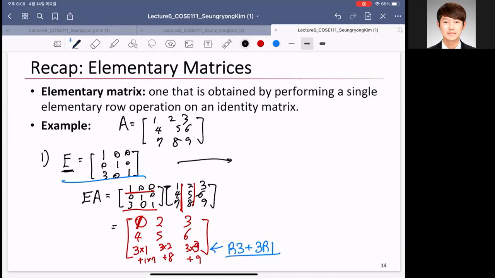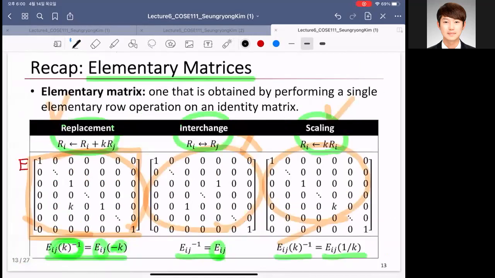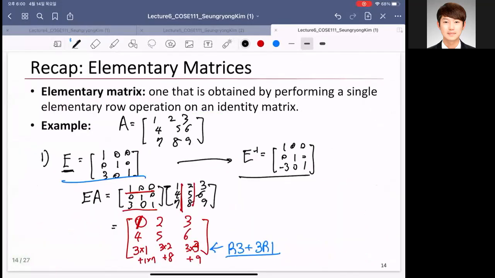Then by definition, the inverse of this matrix is defined like 1, 0, 0, 0, 1, 0, negative 3, 0, 1. Let me check that this is the real inverse. To check that, we can do E times E inverse, where E is 1, 0, 3, 0, 1, 0, 0, 0, 1 and the inverse of matrix E is 1, 0, 0, 0, 1, 0, negative 3, 0, 1.